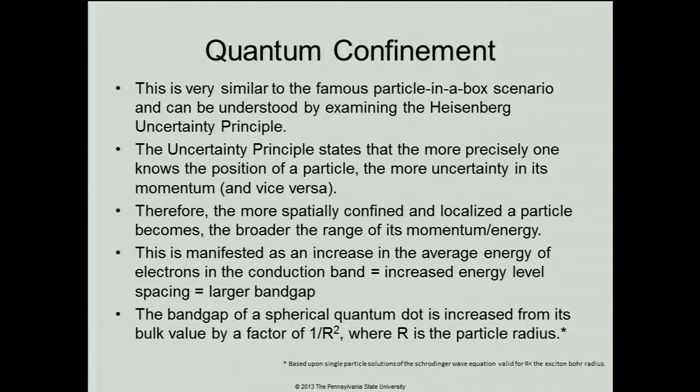There are calculations which say the band gap of a spherical quantum dot differs from the bulk, increased by a factor of 1 over r squared. Again, r is the radius. So, as you make the radius larger, the band gap goes down, because with 1 over r squared, as r becomes more, it becomes a smaller number.